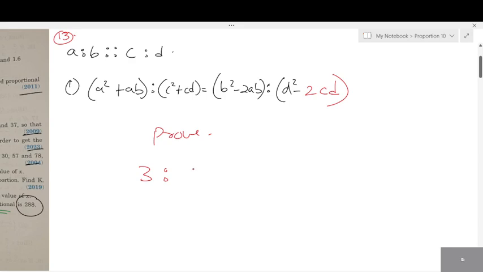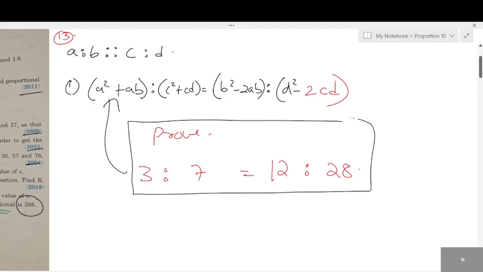3 is to 7 is equal to 12 is to 28. Instead of numbers, students, they have given equations like this. Just for explanation purpose, I'll take this value.